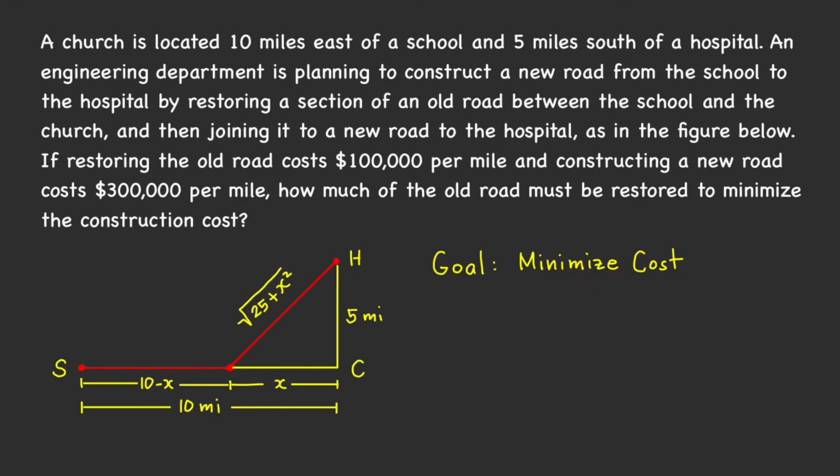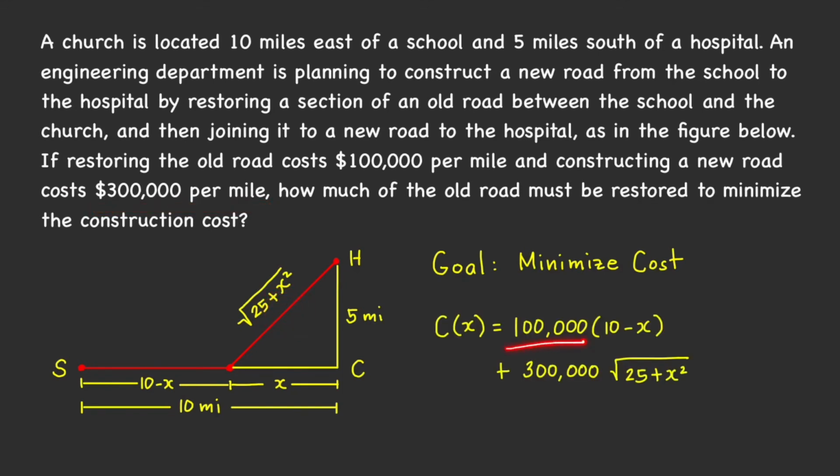We need to find the cost for this section plus the cost for this new road. Since the cost for this section is $100,000 per mile and the cost for this new road is $300,000 per mile, then the total construction cost will be $100,000 times 10 minus x and then plus $300,000 times the square root of 25 plus x squared.